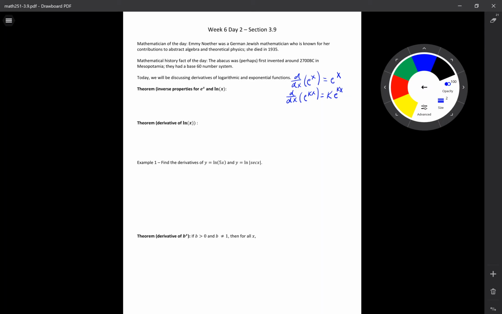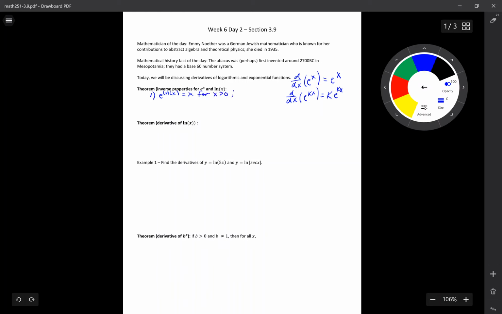First, we are going to focus on the inverse properties for e to the x and natural log of x. I know for some of us it's been a while since we have seen the relationship between these two functions. So first of all, e raised to the power of natural log of x is equal to x for x greater than 0.